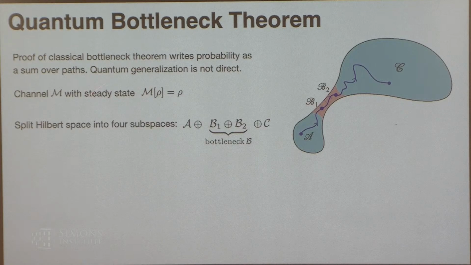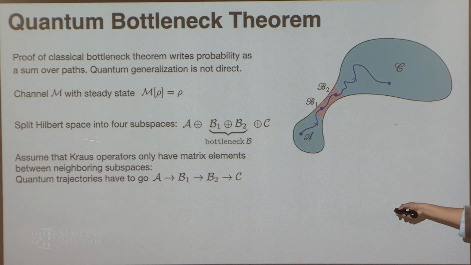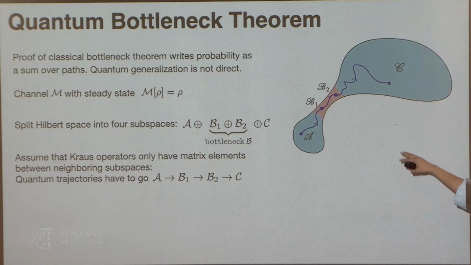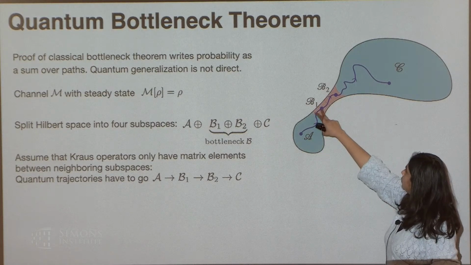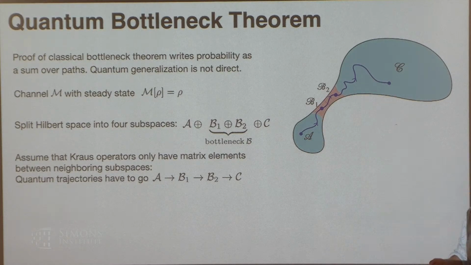Now you split your Hilbert space into these 4 regions. For technical reasons, we had to divide the bottleneck into 2 bottlenecks, B1 and B2. The property of this channel is that all the Kraus operators only have matrix elements between neighboring subspaces, so that to go from A to C, you have to first go through B1 and then B2 and then C. That's how all your quantum trajectories go.